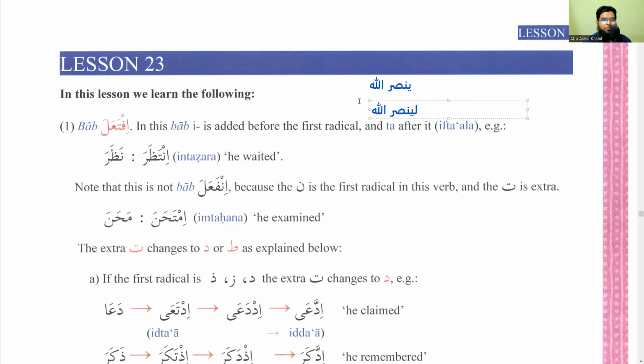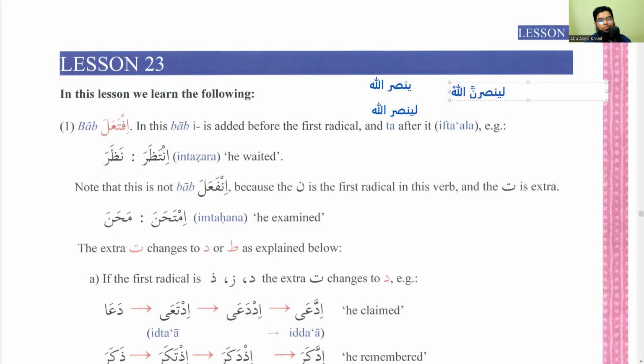This is called lam of ibtida. Like, we can start with a lam. That's fine. But you want to change the verb itself to show power. La yansurunallah. We'll add this noon. And there's one noon which is double noon. This is called thaqila, heavy duty noon. La yansurunallah. Allah will surely help him. Help them.